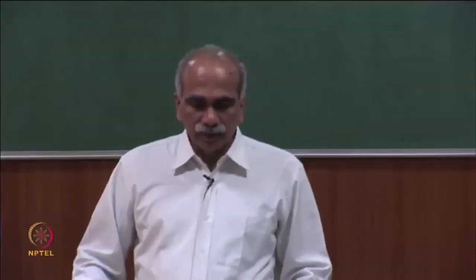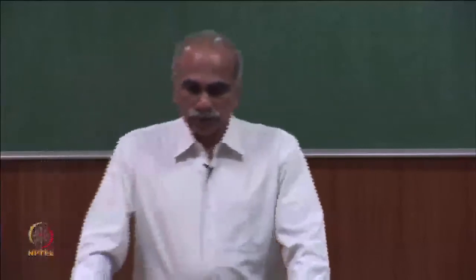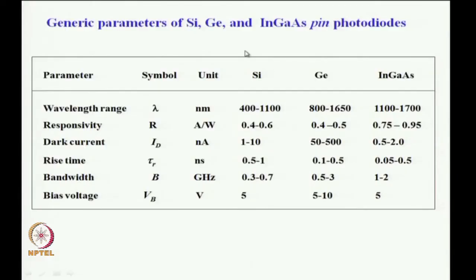So, finally, we come to some generic parameters of silicon, germanium and indium gallium arsenide pin photodiodes. If you take a typical data sheet, this is the kind of numbers that you would see. First, the wavelength range, that is, the range over which the detector is useful, lambda in nanometers.